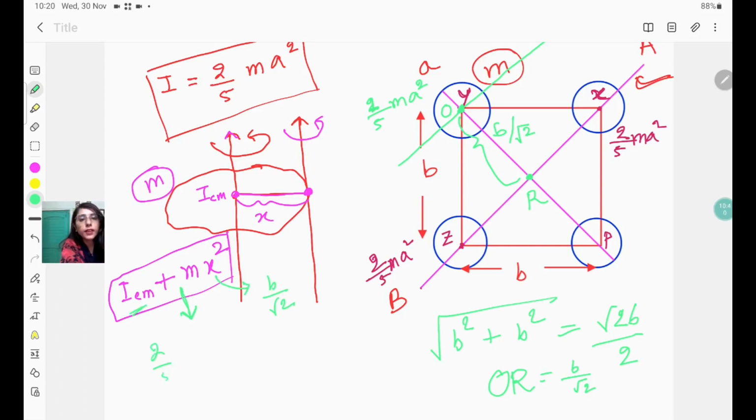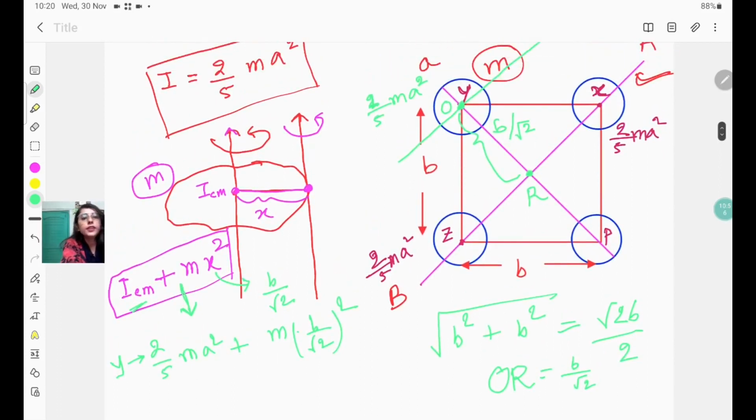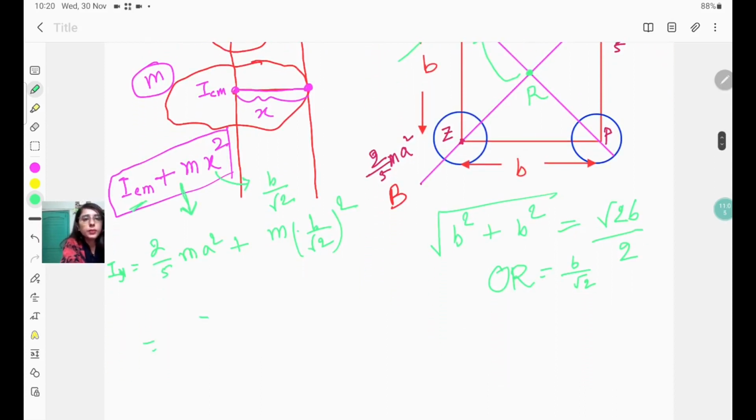So 2 by 5 m a square plus m into, in place of x we have to write b by root 2 whole square, and this one is for the sphere y, that is we can give it a name IY, right? So IY is this one. So this will be 2 by 5 m a square plus m b square by 2.